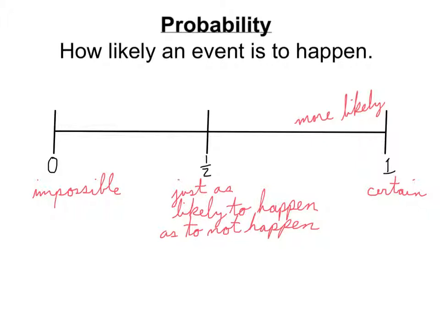On the opposite side then, the closer we get to 0, the less likely something is. So if we have an event whose probability is nearly 0, well, it's not impossible, but it's nearly impossible or almost impossible. But if it's just a little bit under 1/2, then it's a little less likely to happen than to not happen.